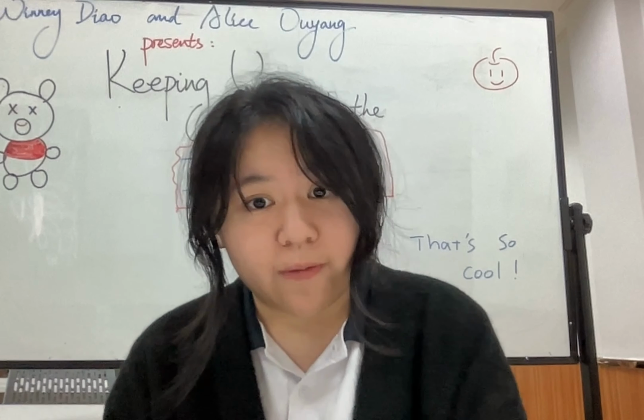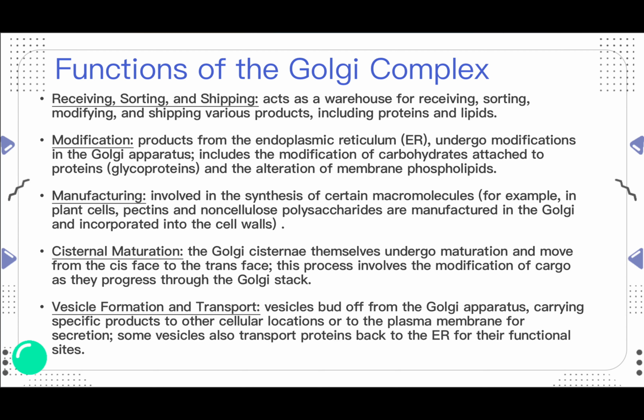So that links to the function of the Golgi apparatus, which is basically just this little post office. So it packages proteins and molecules, and it modifies these proteins and sends them out. So vesicles are concentrated near the Golgi apparatus and participate in the transfer of materials between the Golgi and other cellular structures.